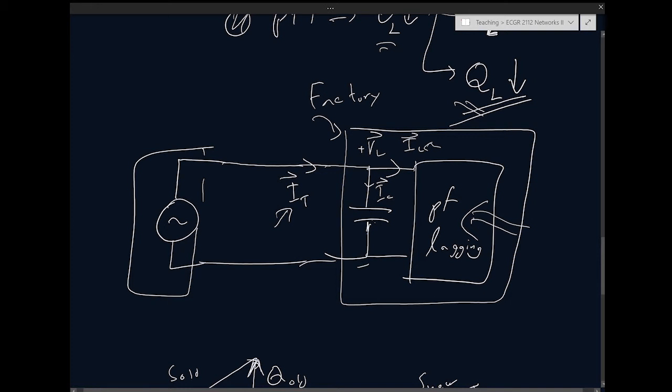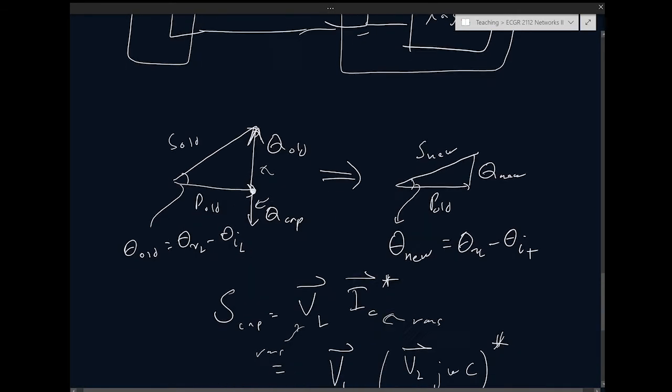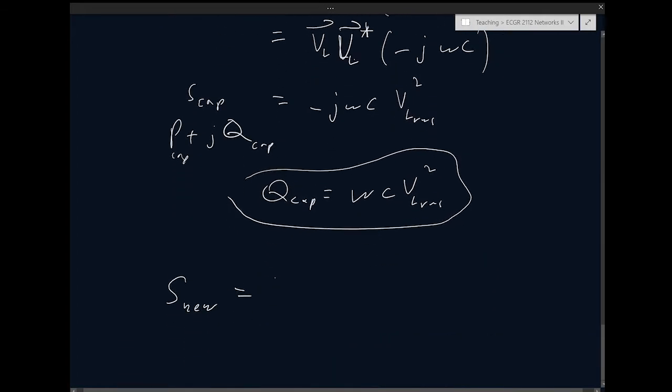I just added a capacitor that gave me some extra S, that's summed up with the old S. So S new really is equal to S old, the same old S, plus the extra S that I added into the circuit, which is the S cap. So S cap needs always to be S new minus S old.